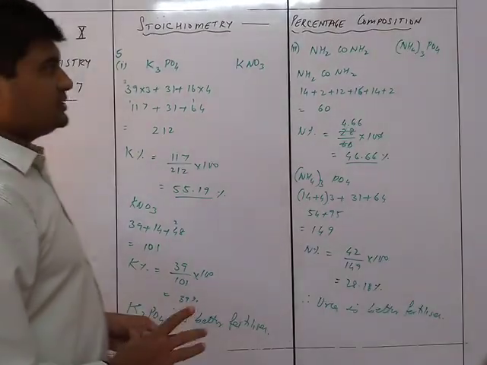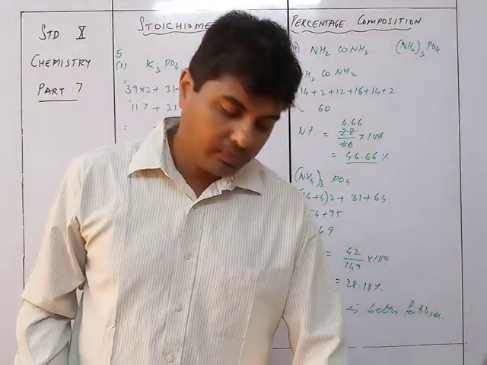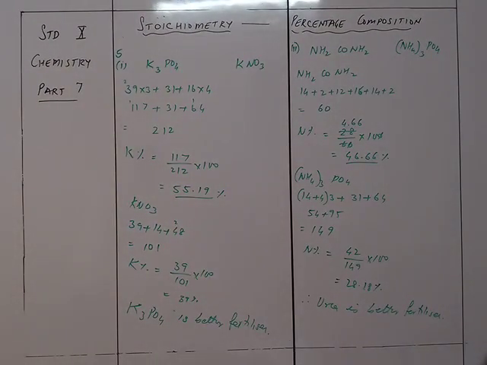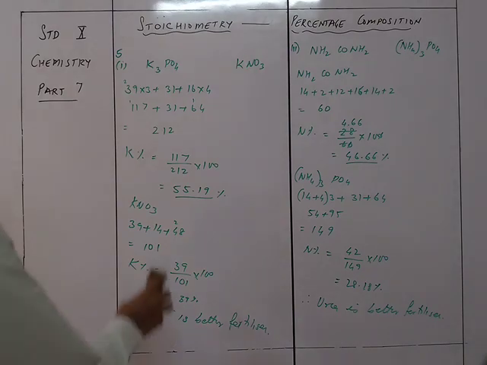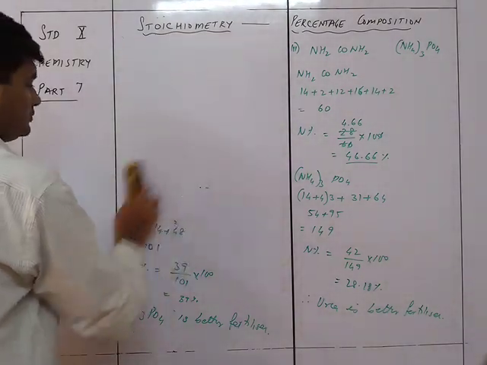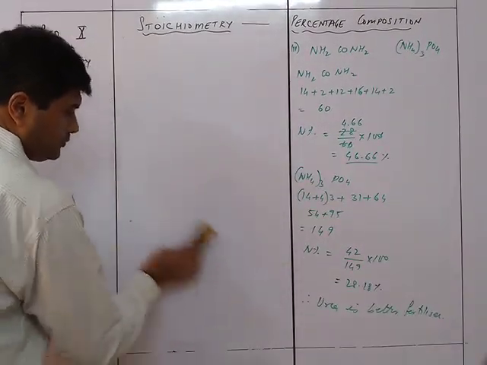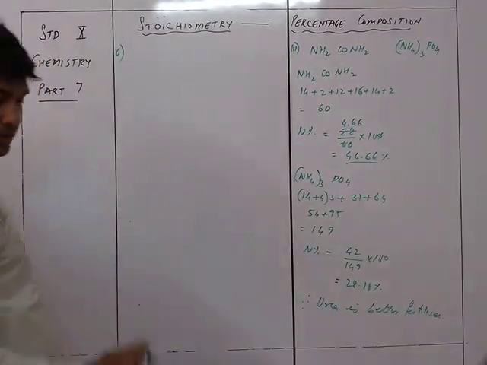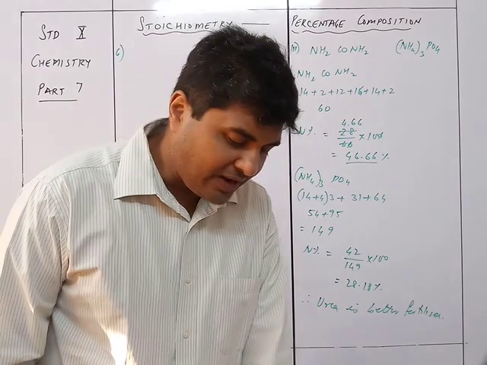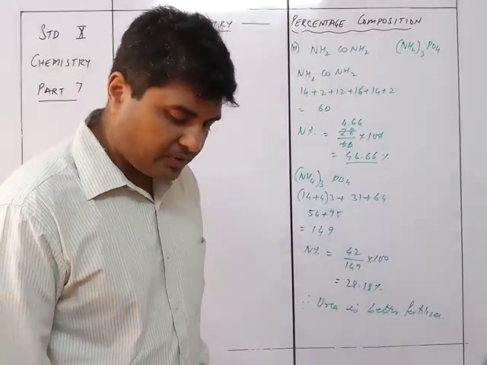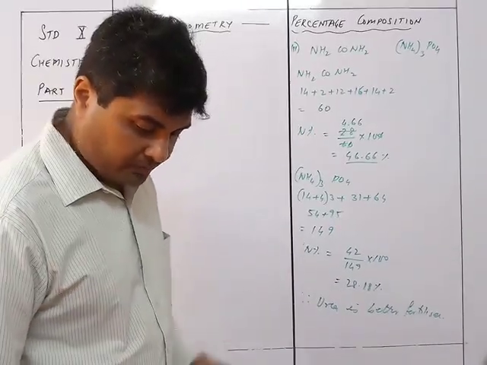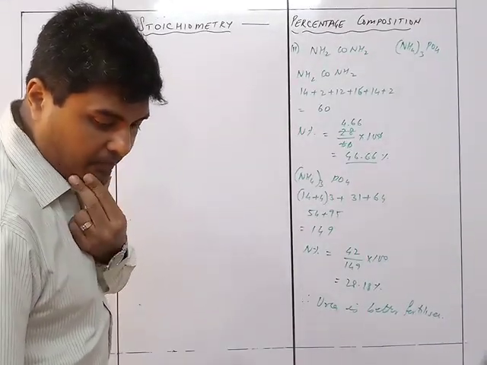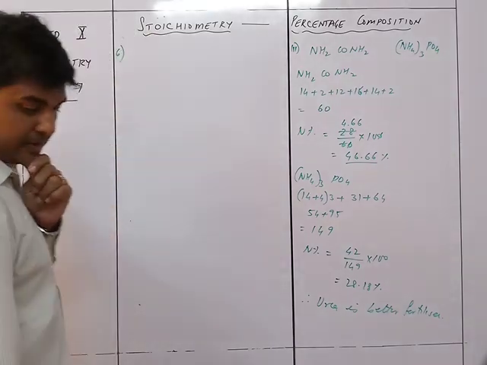Got it? So this was sum number 5. Now let's see sum number 6. Calculate the percent of carbon in a 55% pure sample of calcium carbonate.